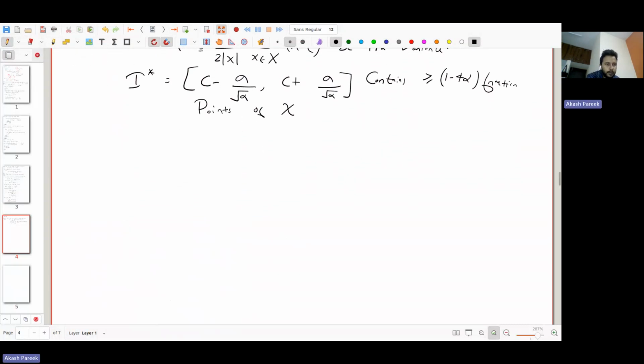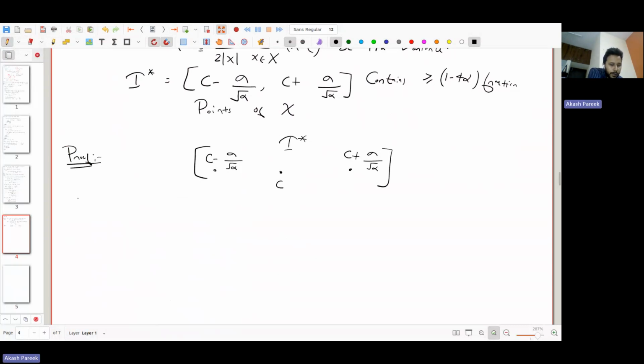So how is this interval looking? C is here, C minus this quantity is here, and C plus this quantity is here. So this is the I star interval, and it would look something like this.